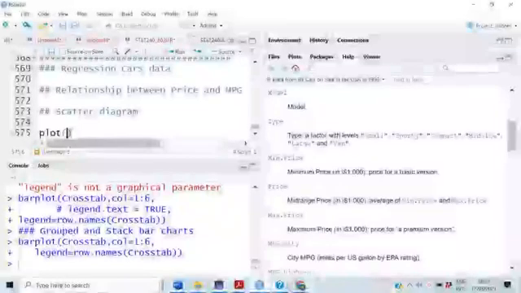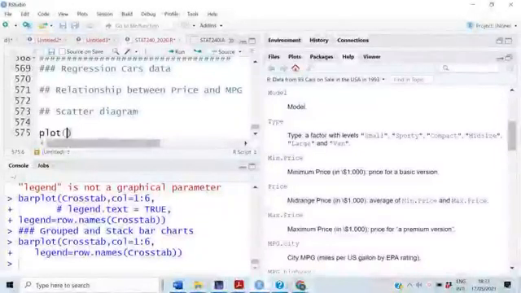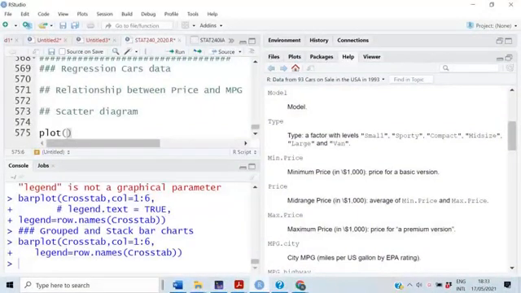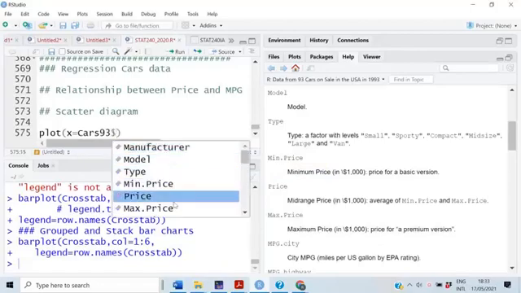If you want to do any regression or correlation analysis, the first point of call is what? A scatter diagram. That will give you an idea whether there's even a relationship between them. So we go for Cars93 and X is miles per gallon.